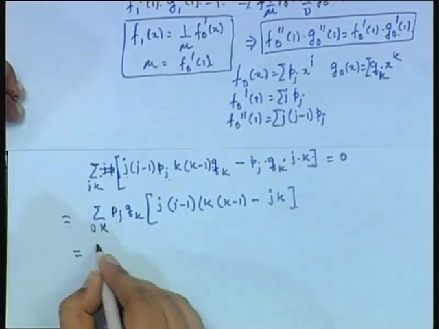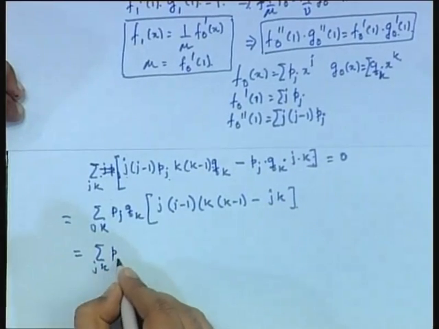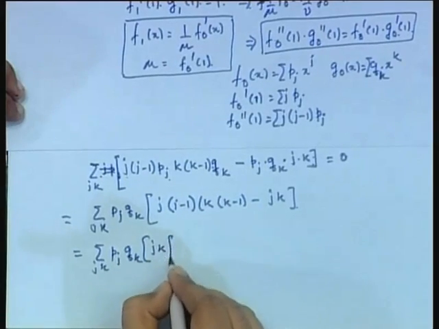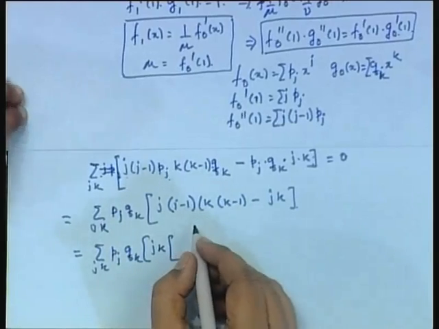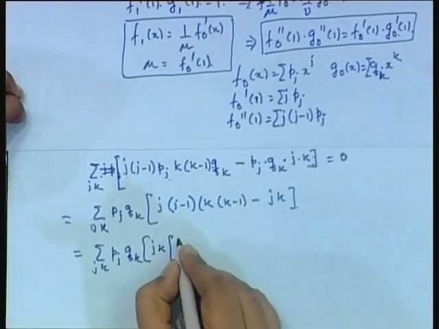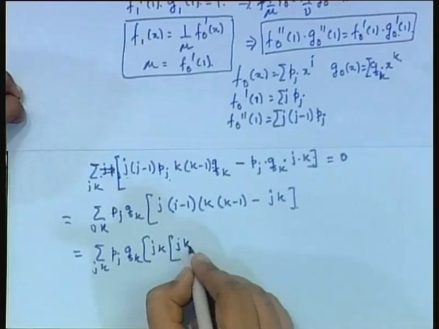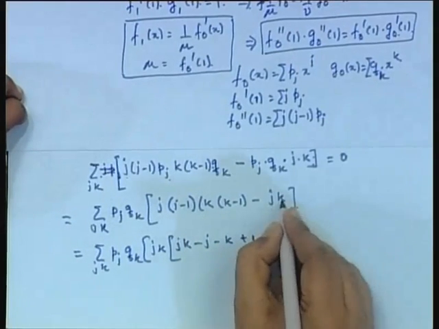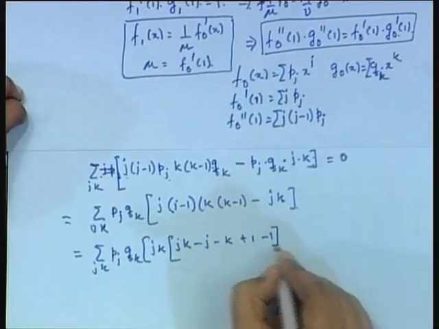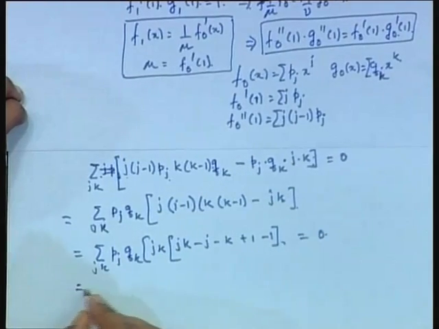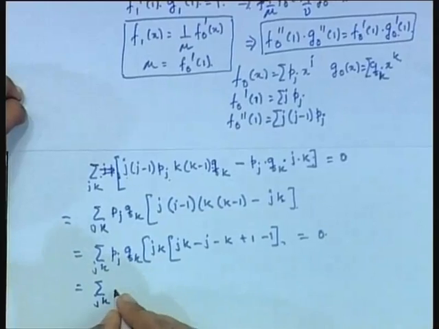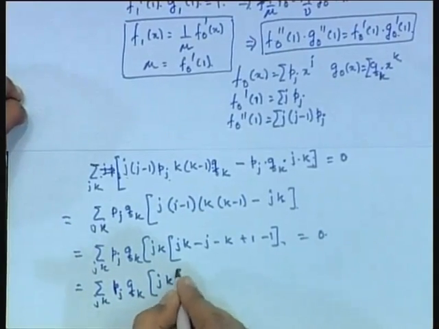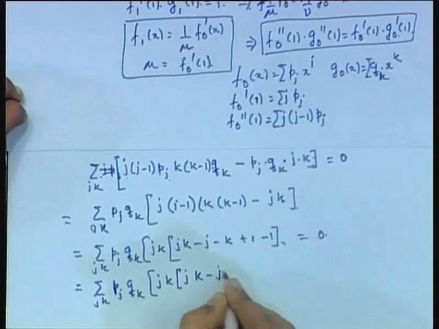If you do a little bit, jk comes common. What is j minus 1 into k minus 1? It is jk minus j minus k plus 1, and from here a minus 1 comes. So, this gives you Pj Qk times jk minus j minus k.